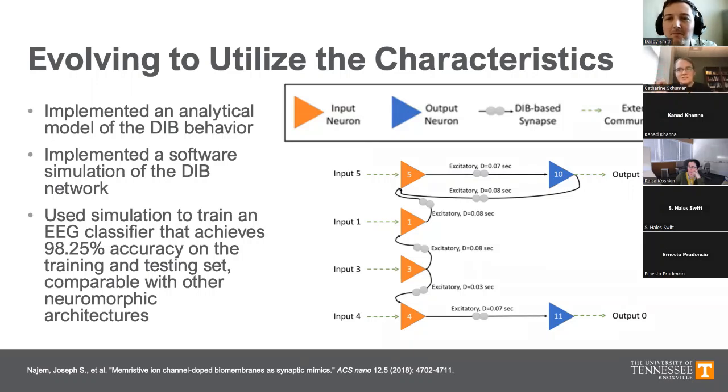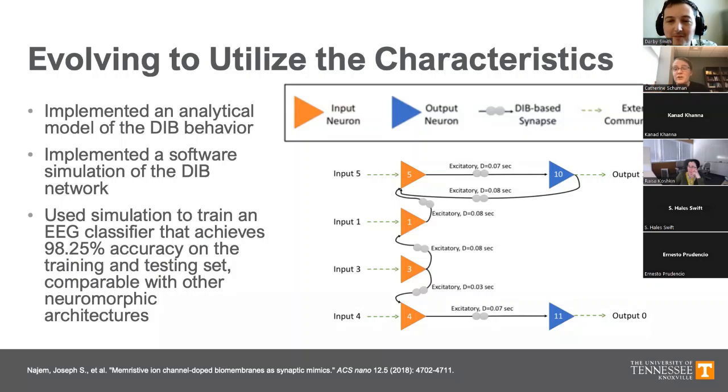But besides just excitatory and inhibitory, just having the behavior changing as a result of the incoming spikes, as you saw on that previous slide, gave us enough power to solve multiple tasks, including an EEG classification. And I'll note that this EEG classification, distinguishing between healthy and epileptic signals, used 6 neurons and 6 synapses. So also a very, very small network.